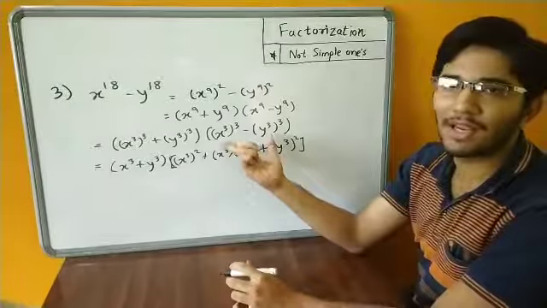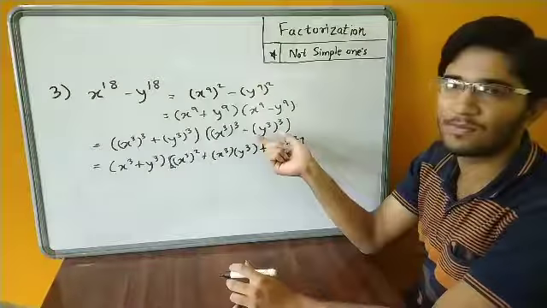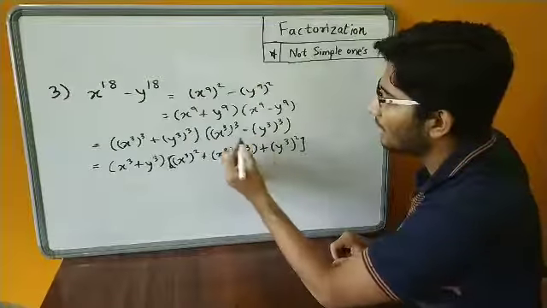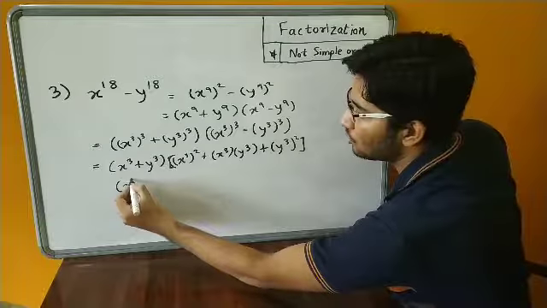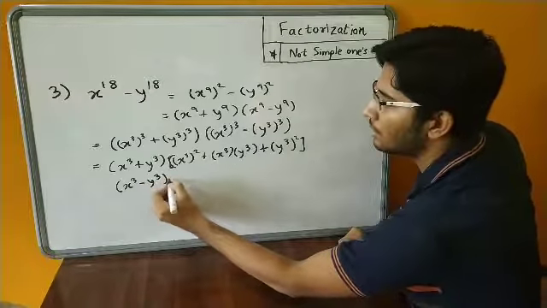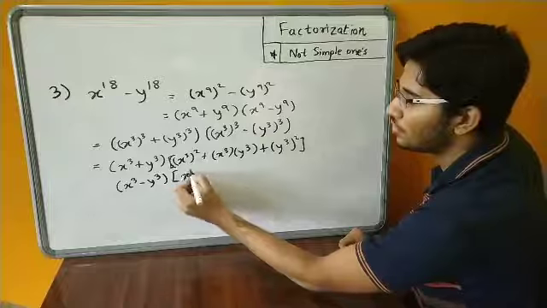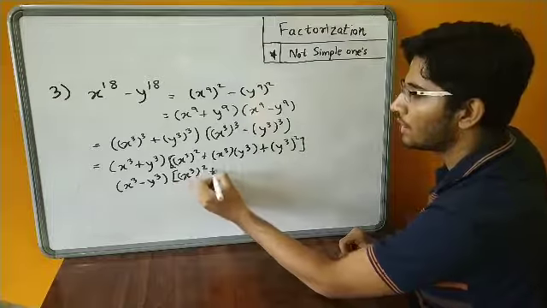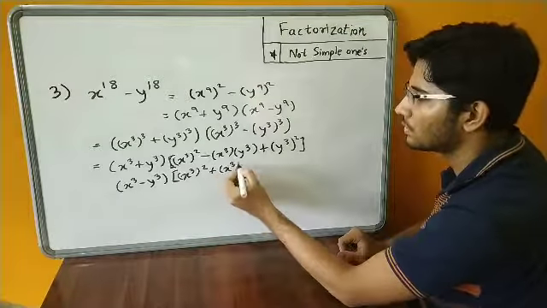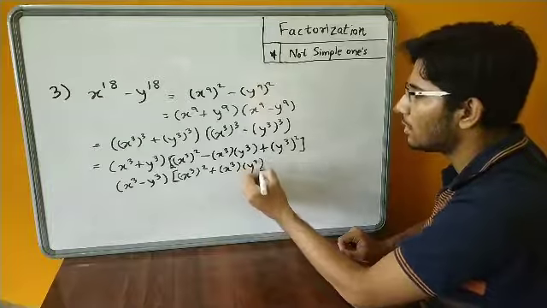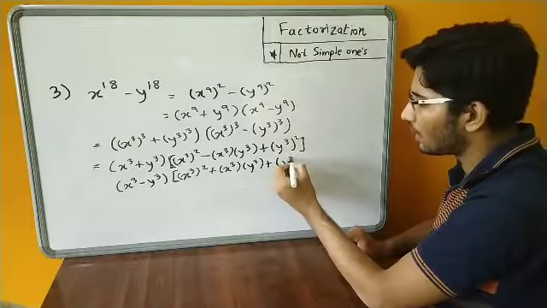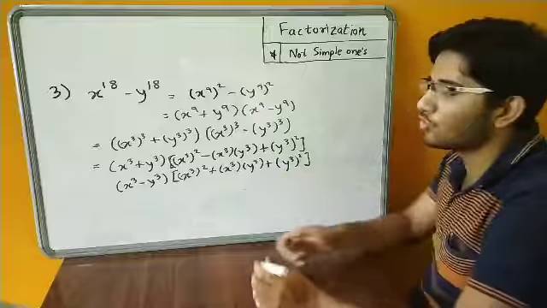Then for the second bracket we will use the formula for a cube minus b cube, which is a minus b, so x cube minus y cube into x cube square plus x cube into y cube plus y cube square, and then again bracket close.